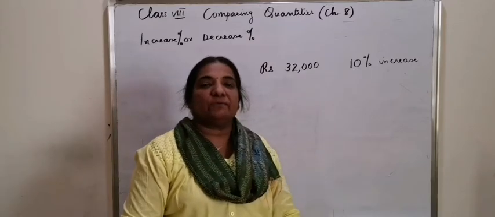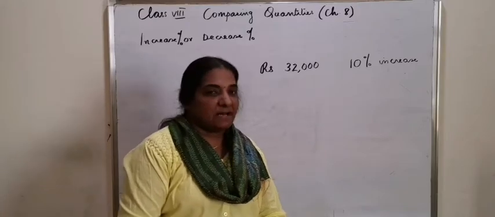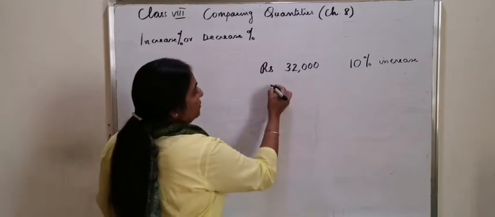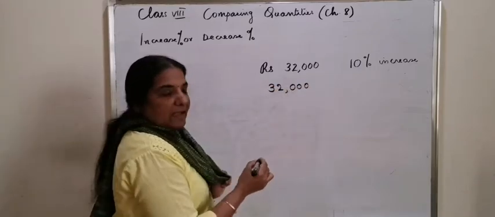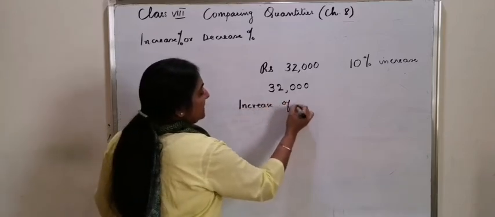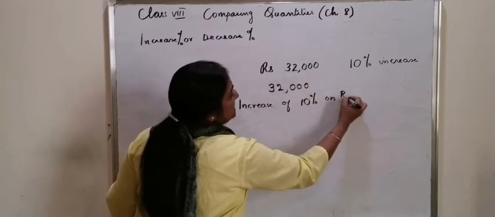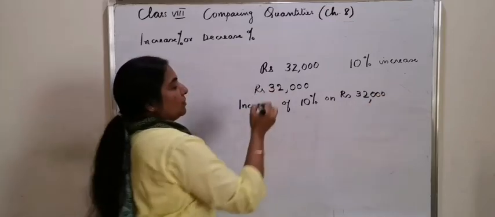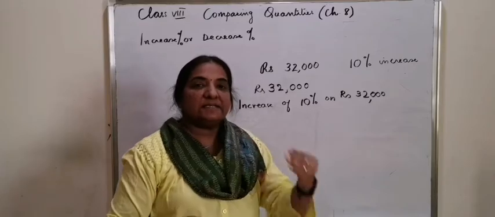So, how do you calculate the new price, or the price for this current year? Here, the original price last year was 32,000 and there is an increase of 10% on this rupees 32,000. That means on the original price of rupees 32,000 last year, there is an increase.